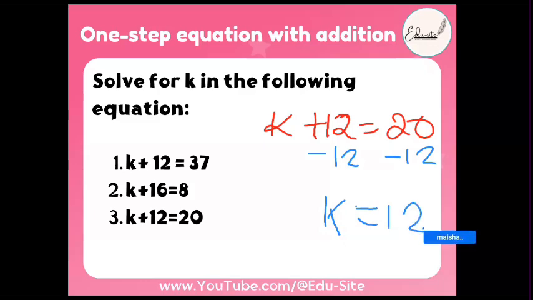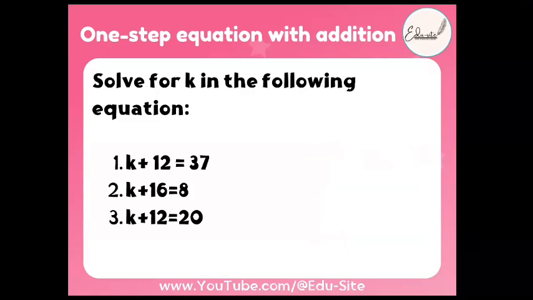Maisha, 20 minus 12 gives you? Yes, beta, it's 8. Is it negative 8 or positive 8? It's positive 8. Excellent, excellent, excellent. So k equals to 8.